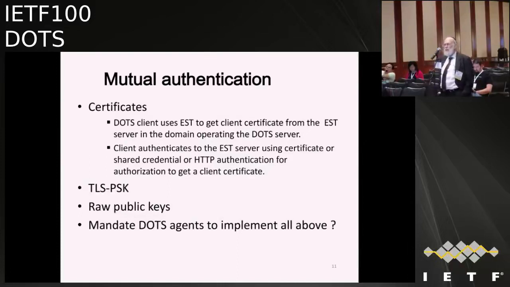This is our main concern, not the solutions themselves, but how to proceed with the editorial aspect: reflecting what a DOTS client and a DOTS server must support with regards to mutual authentication, and how the required security credentials are provisioned to the DOTS client and server, so that we can achieve the mutual authentication which is required, and which we would like to see supported by the protocols.